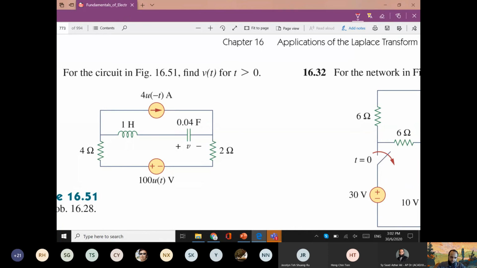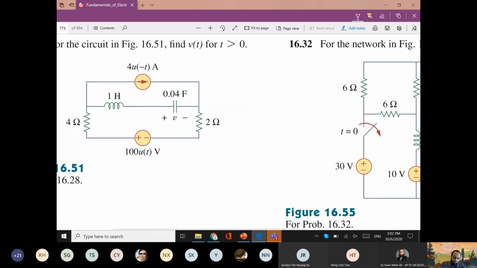Let's say we're looking for this as the output. So output is Vs. Now remember that there are two sources here.